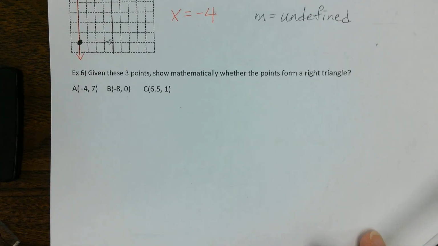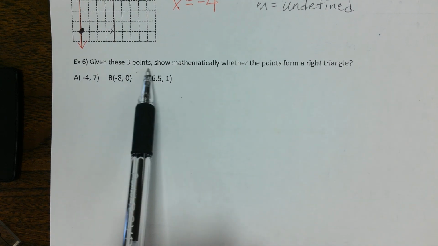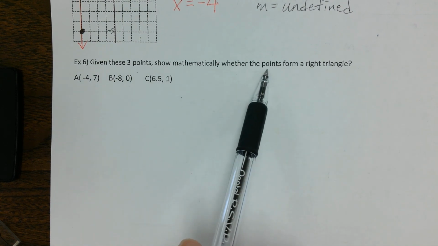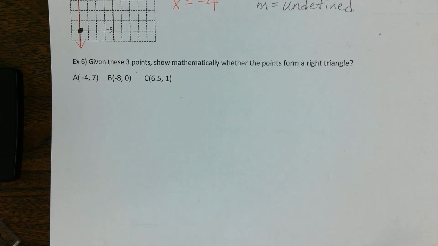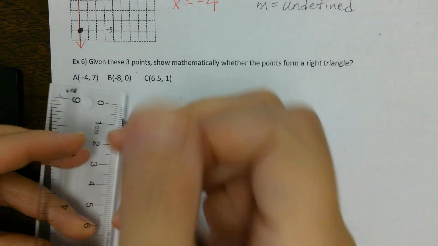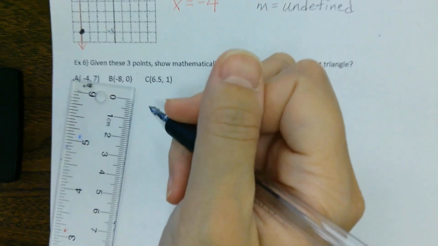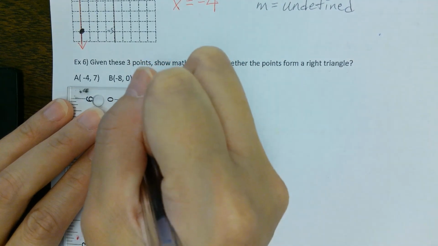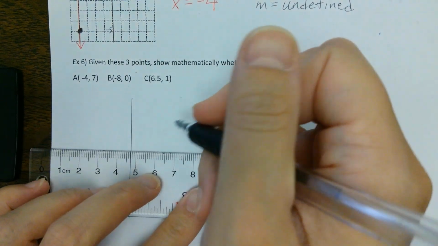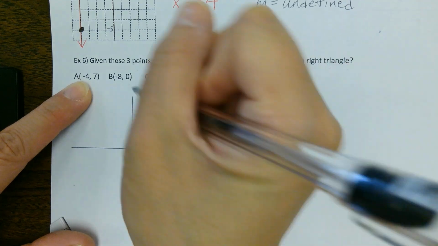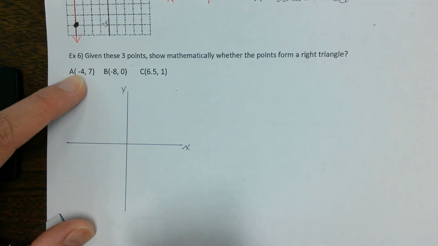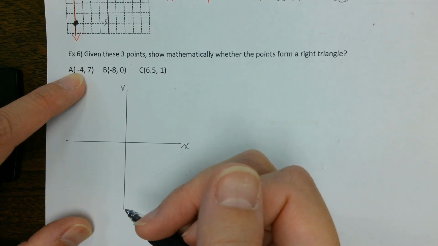Okay, last example. Given these 3 points, show mathematically whether the points form a right triangle. Okay, right triangle. So let's draw a quick little sketch first. Just a rough sketch. Negative, Annie?